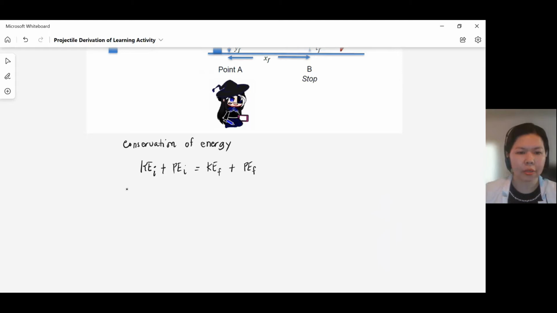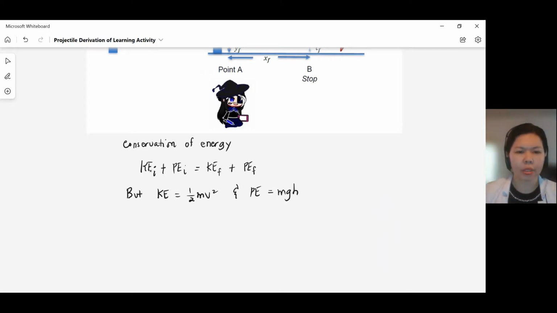But we have kinetic energy is 1/2 mv squared, and potential energy PE equals mgh.